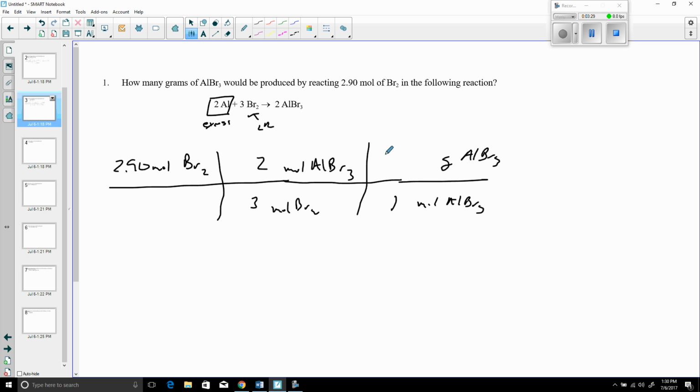So it's 1 mole is equal to 267 grams. So plug that in your calculator, and you should get something like 516.2 grams of aluminum bromide.